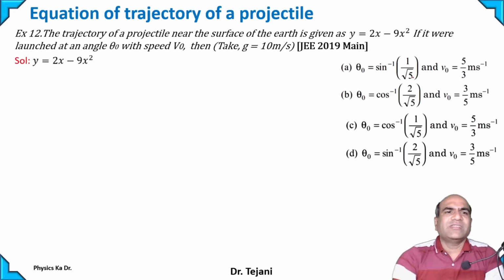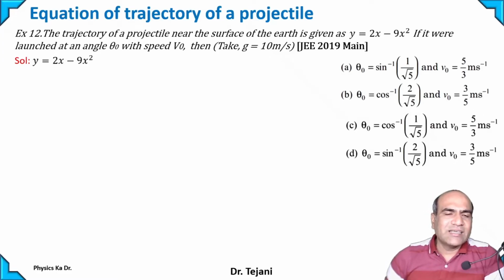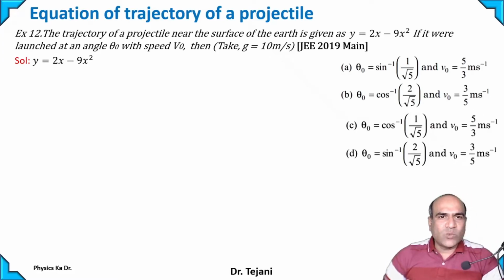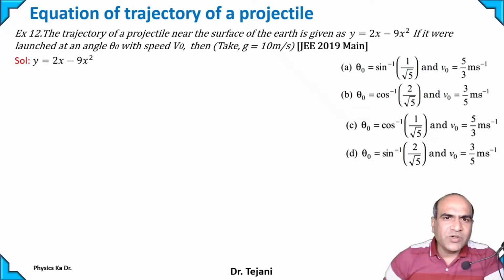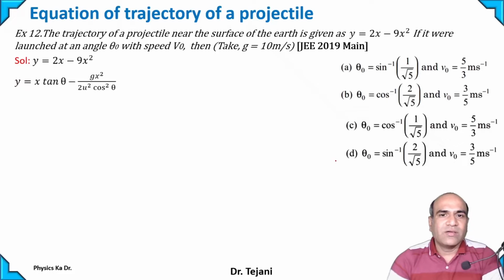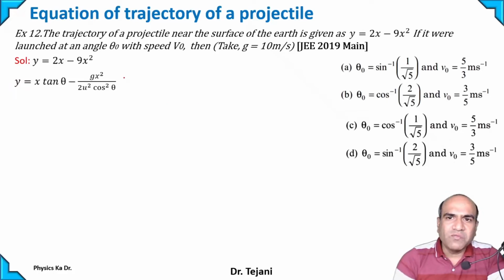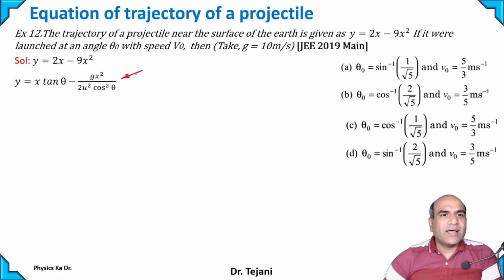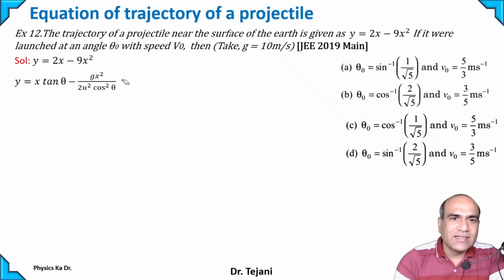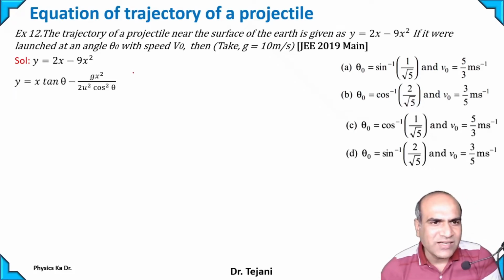Here the equation is directly given: y is equal to 2x minus 9x square. We need the angle theta and the speed. So we have the equation of projectile motion: y is equal to x tan theta minus g x square over 2 u square cos square theta. Can we compare?